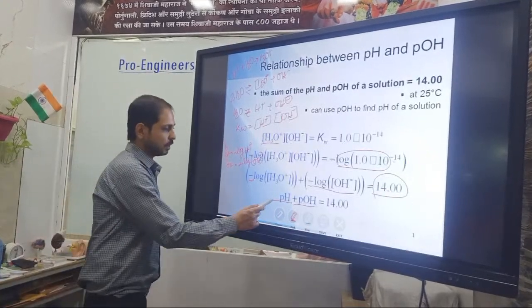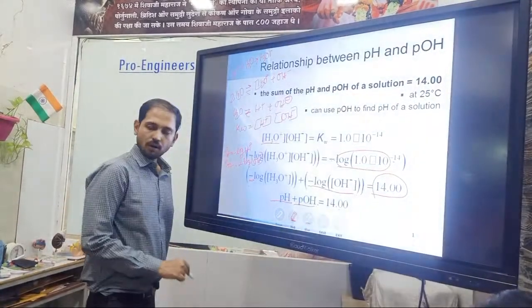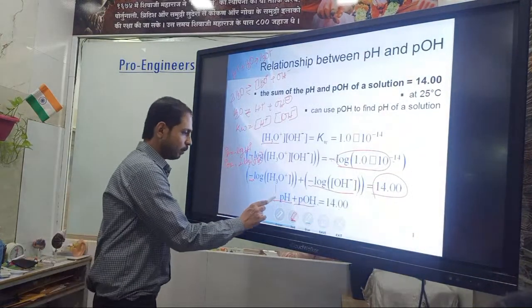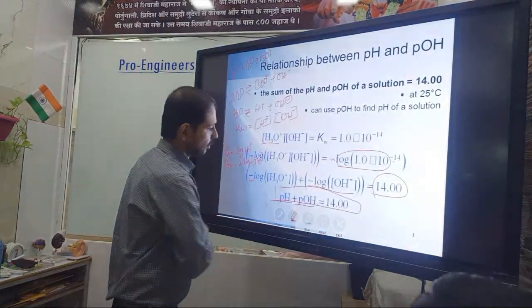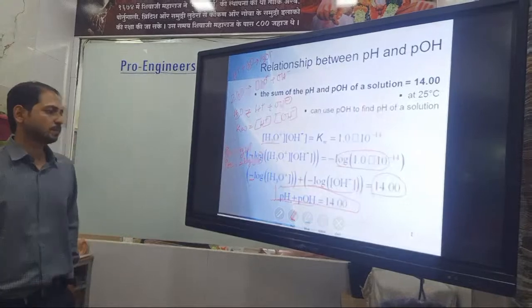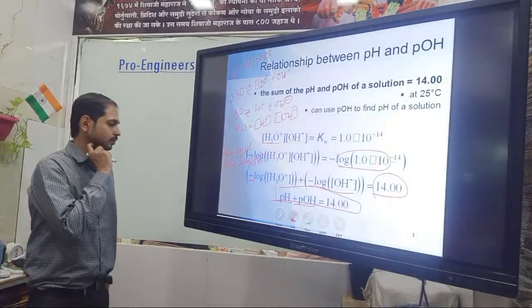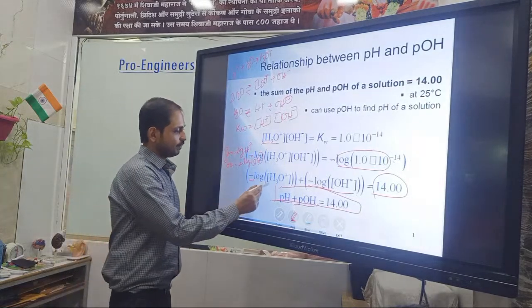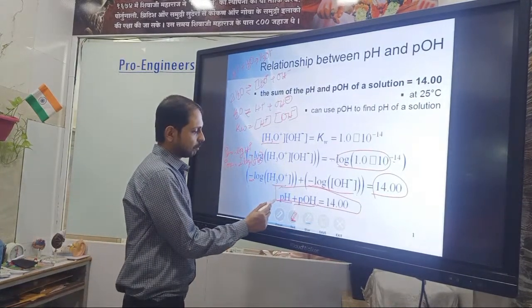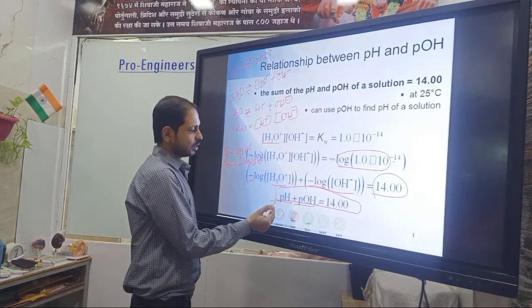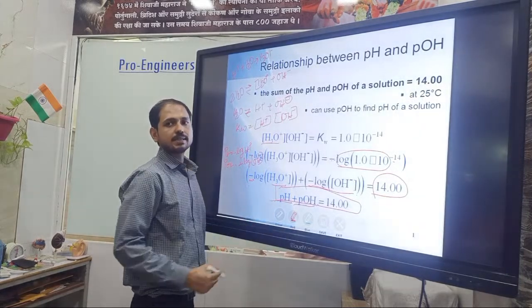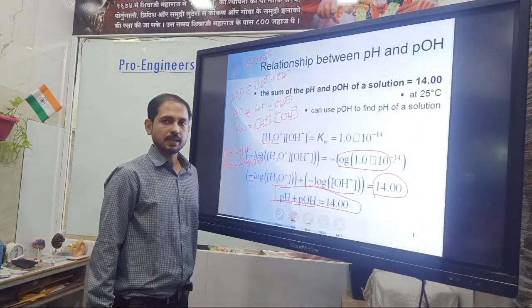So pH plus pOH is equal to 14. That is a very important relation, and we need to remember it. If we know the pH, we can calculate the pOH, and if we know the pOH, we can easily calculate the pH.